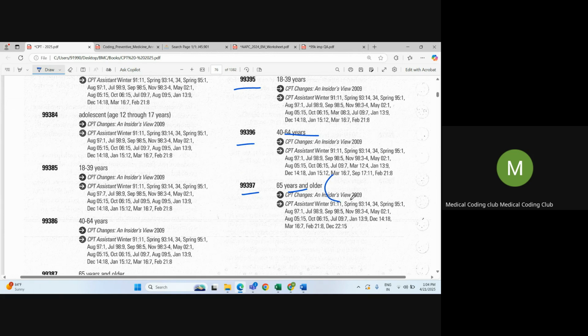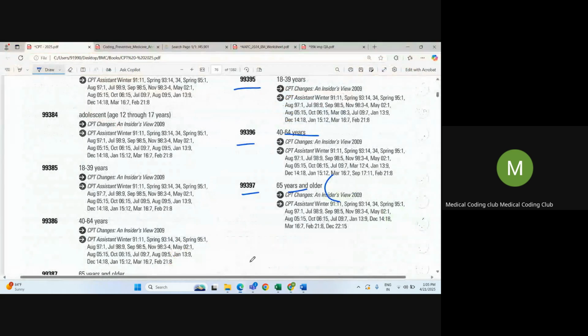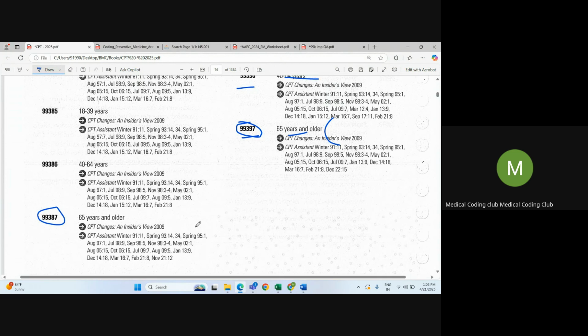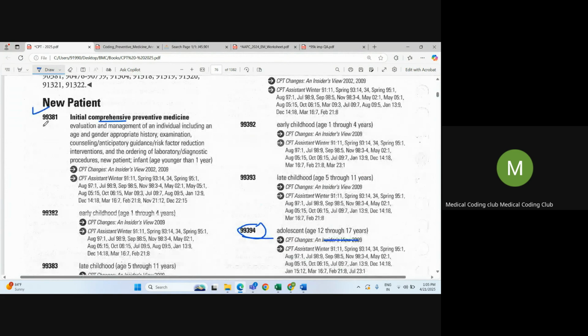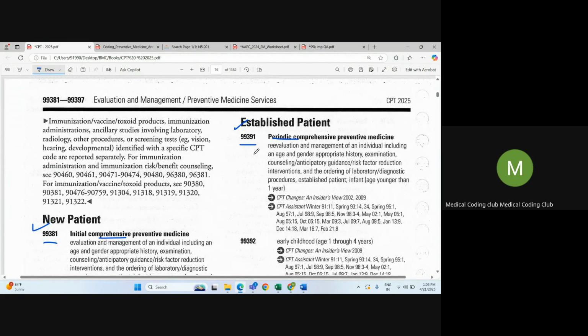The meaning of this is if you get beyond 65, like a 75-year-old or 80-year-old patient, you can use 99397. If the patient is new and the age is more than 65, you can use 99387. So the new patient code range is 9938x and the established code range is 9939x.